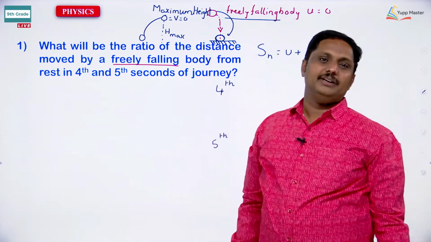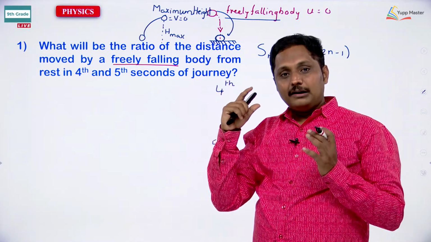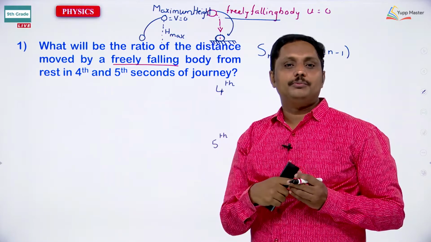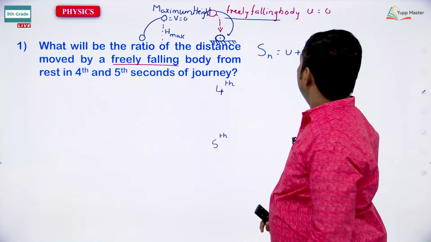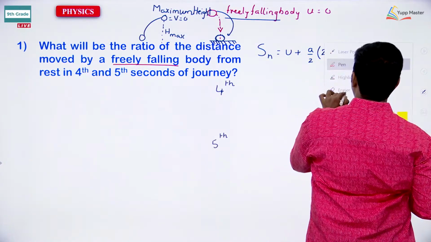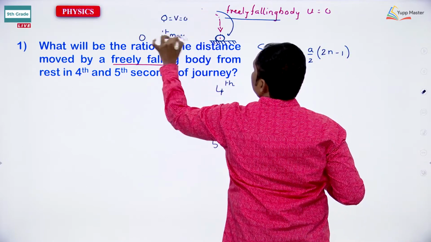Easily you will find out that it is the point where the final velocity is 0. That is the maximum height reached by the body. All these are known for problem solving. Very clear.